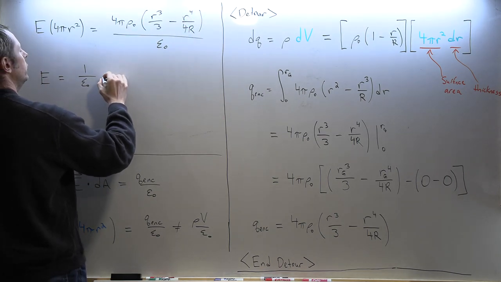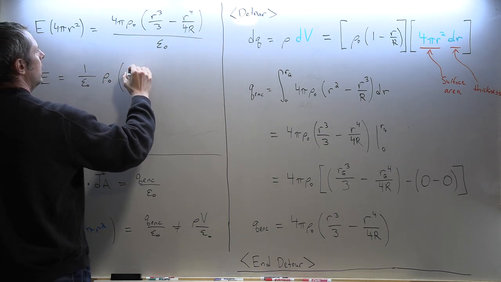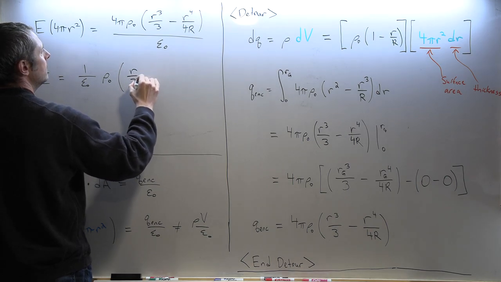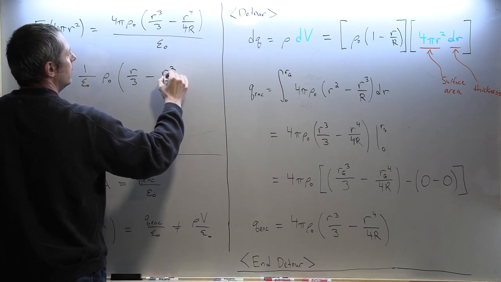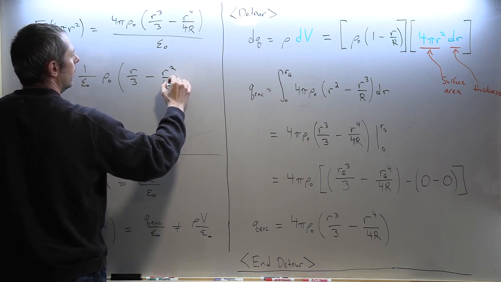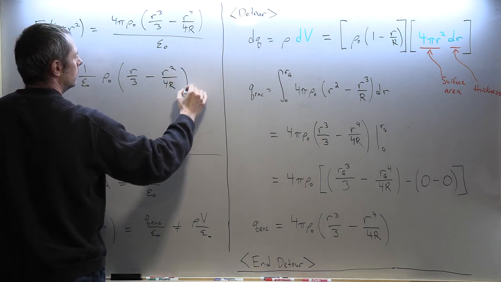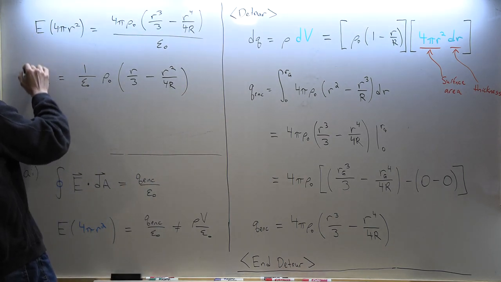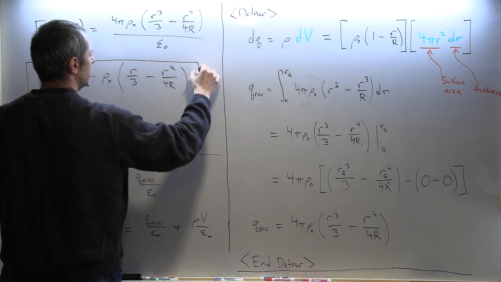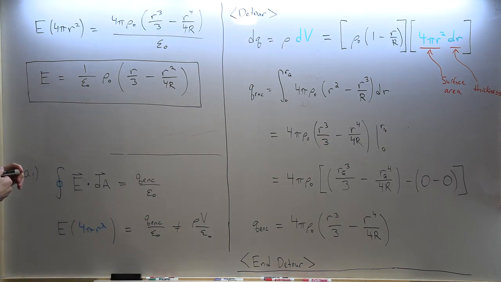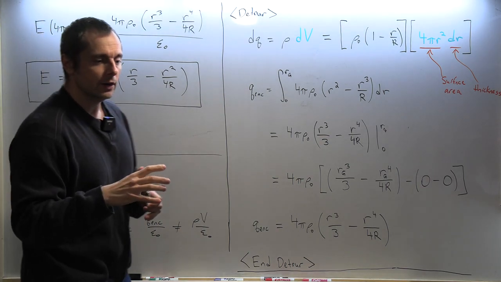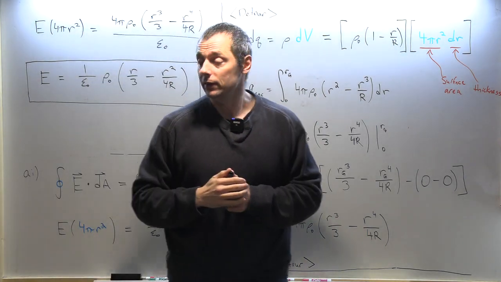So I've got my rho 0, r over 3 minus r squared over 4r. And there is the expression for the electric field inside that sphere, within the larger radius.